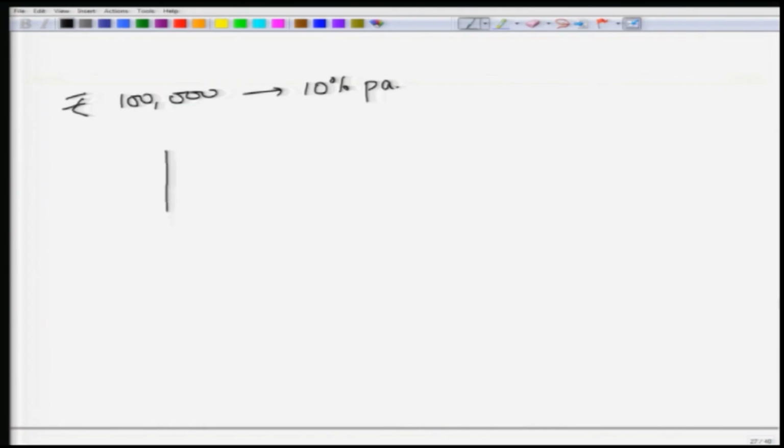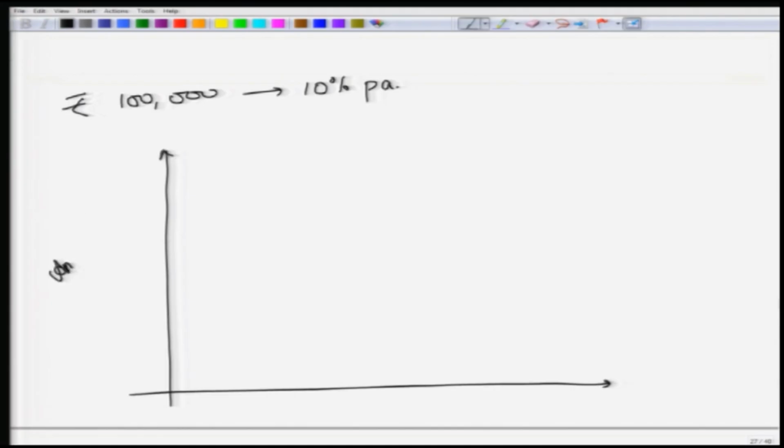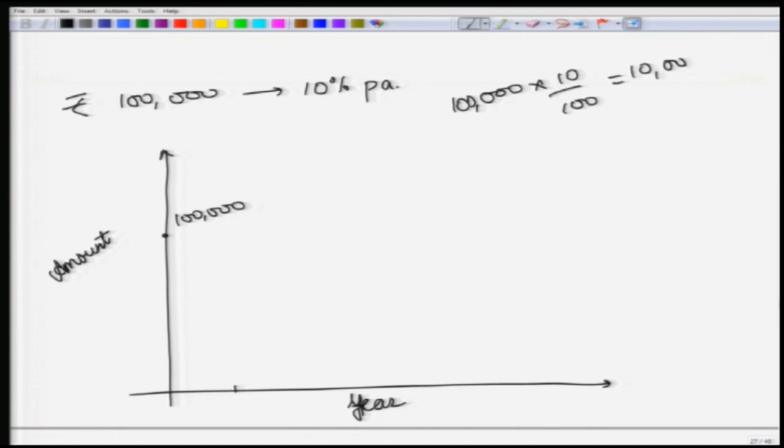Now, let us plot the amount that we have in the bank versus the year. Now, in the 0th year you deposited 100,000 rupees. Now, after 1 year the amount plus the interest. So, the interest that we will have is 100,000 into 10 by 100 is equal to 10,000.